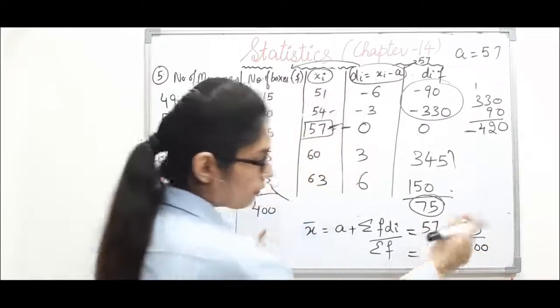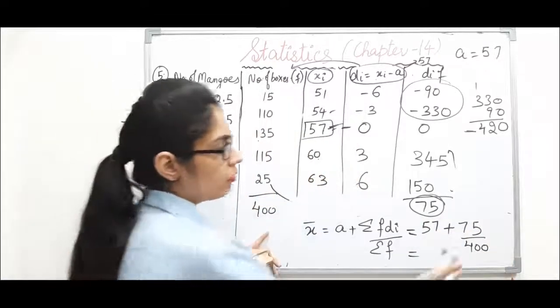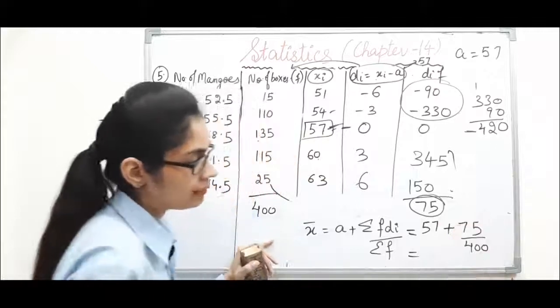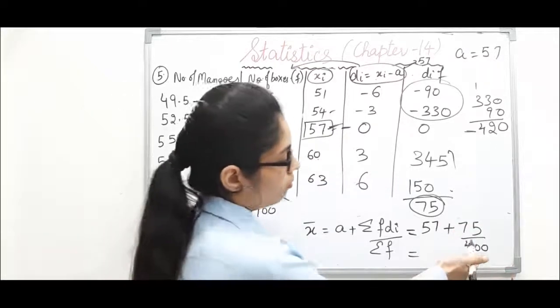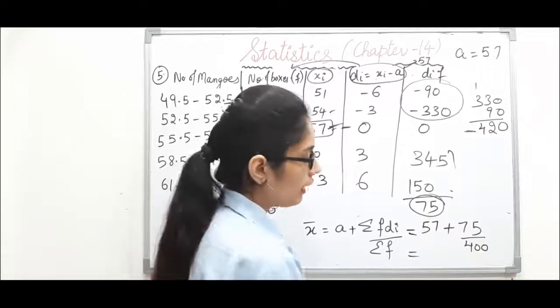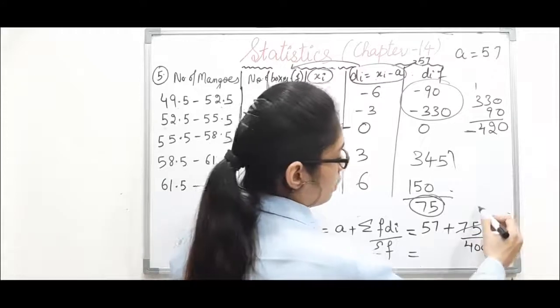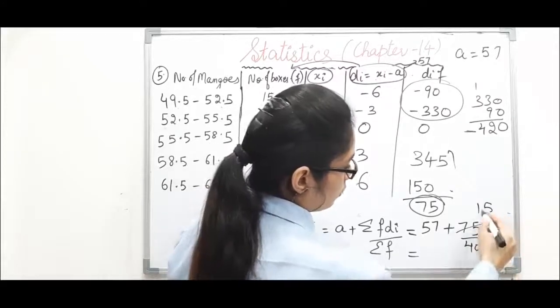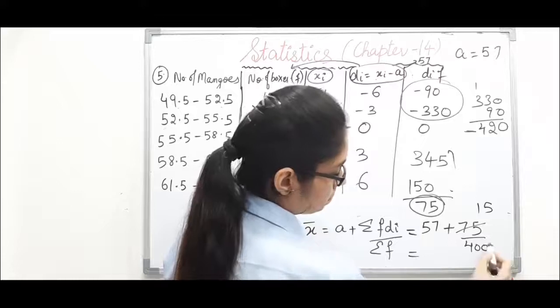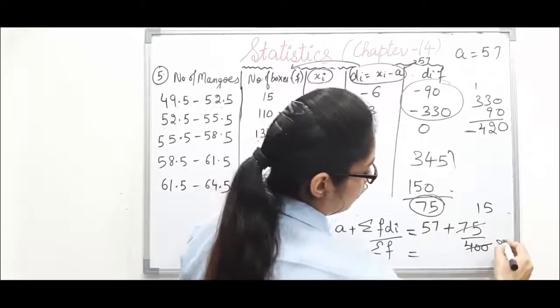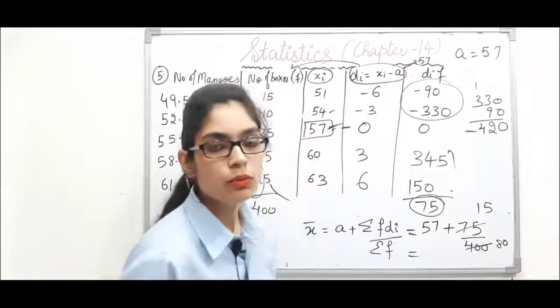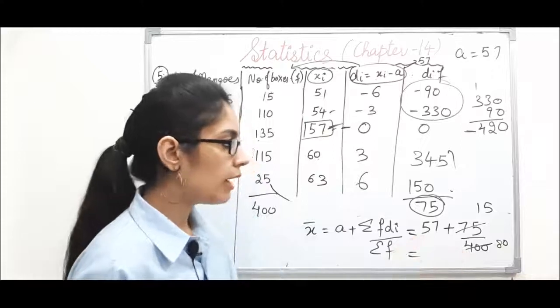So again, if you solve these terms, first of all you can divide and you can do cancellation also. We can see on 5's table, both can be cancelled. 5 into 15, 5 into 80. See, it's your wish how you make the calculations easy.